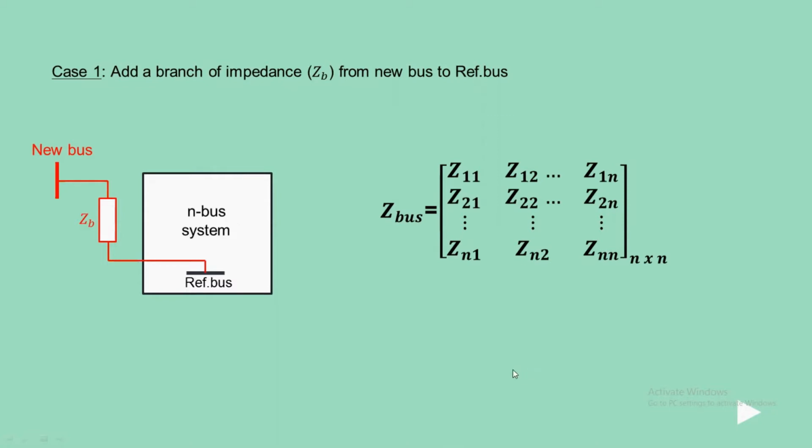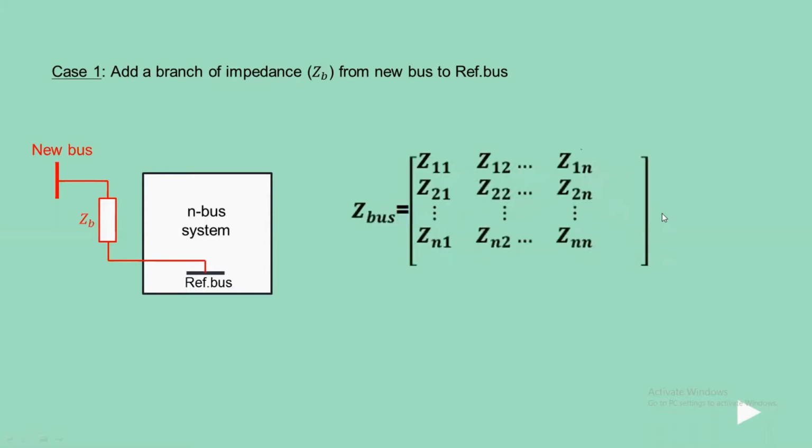Now the total number of buses in the system is n plus 1. The order of the matrix is increased by 1, that is, one column and one row. The new column elements and new row elements are all 0. The diagonal element is the new branch impedance.